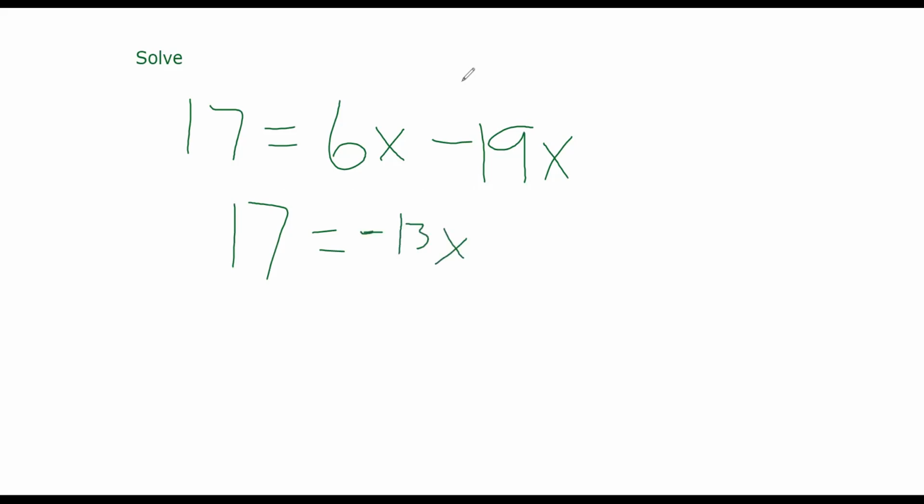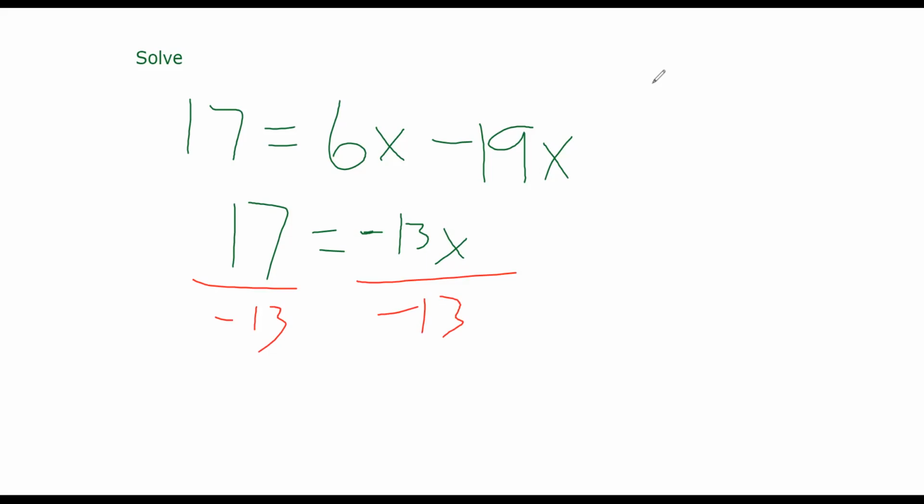Then I can divide both sides by what? 13, and is it 13 or negative 13? Very good. We'll divide both sides by the coefficient of x here. And it's okay that the x is on the right-hand side. Doesn't affect anything.